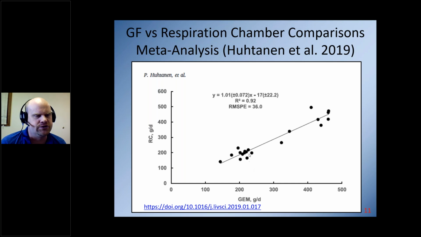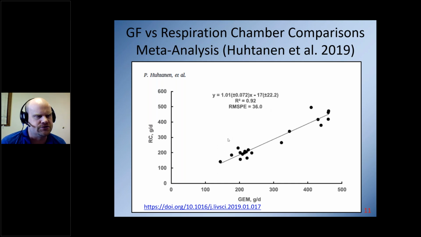So each one of these points is a trial result of GreenFeed compared to respiration chambers. Overall, we haven't found any significant slope bias. So in other words, GreenFeed doesn't seem to be systematically over or under predicting emissions compared to respiration chambers.